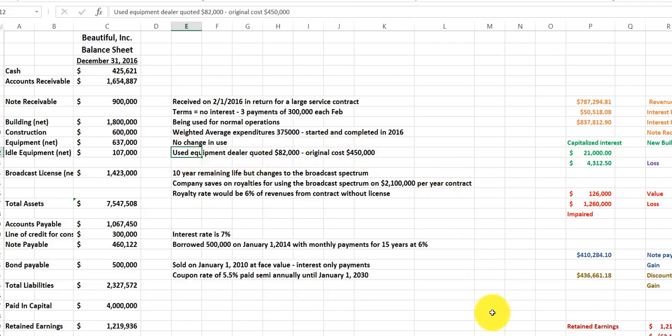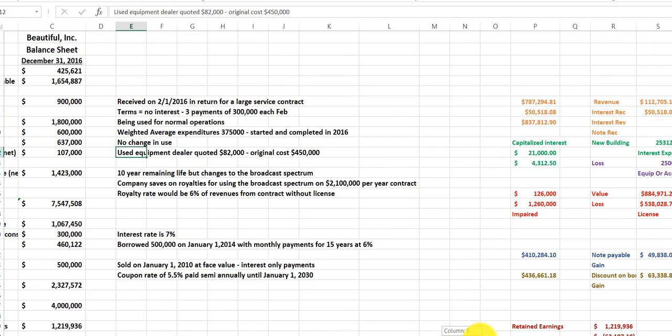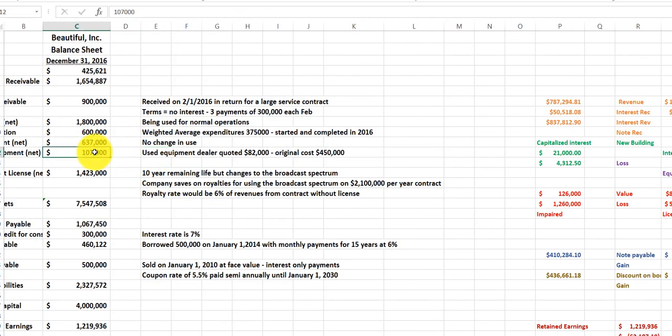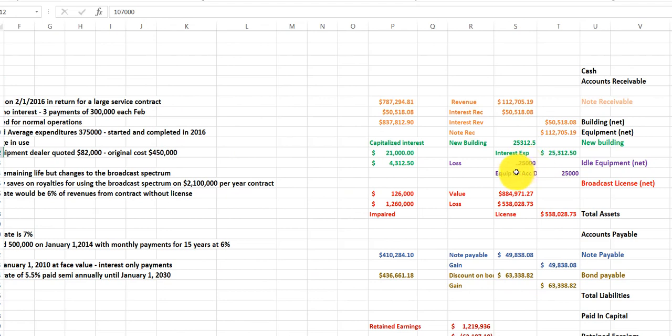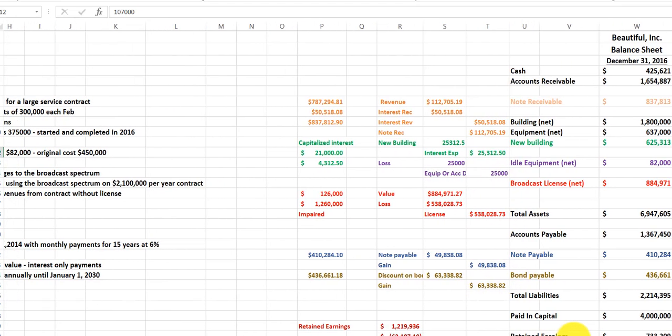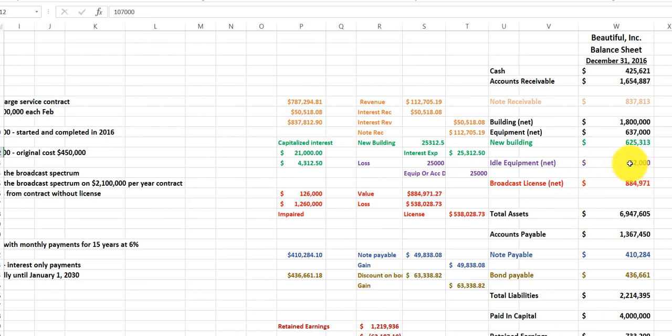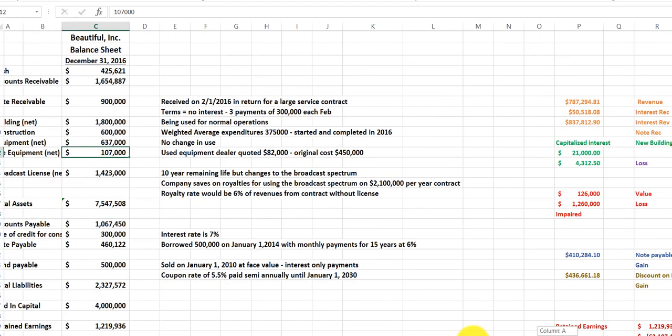The original cost was $450,000. Its current carrying value is $107,000. So the difference between 82 and 107 is recorded as a loss. We're going to debit loss and credit the equipment, or we could credit accumulated depreciation. Either way, the equipment on the balance sheet is going to be $82,000, that fair market value.